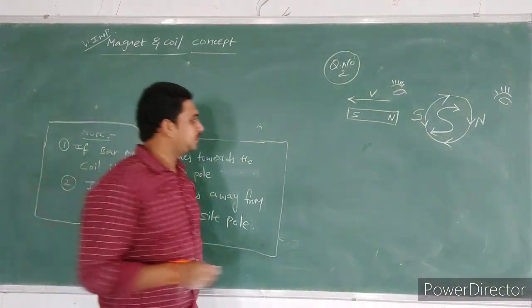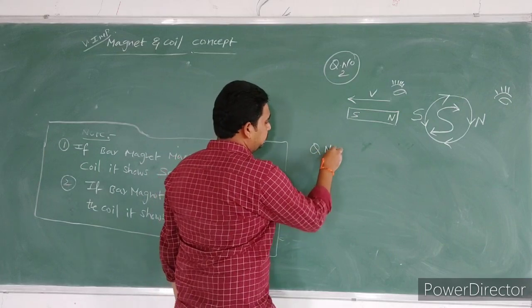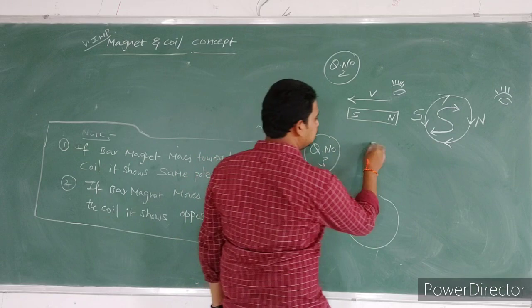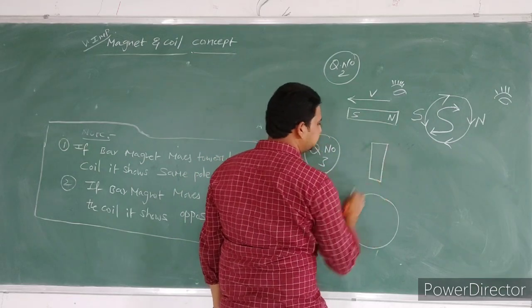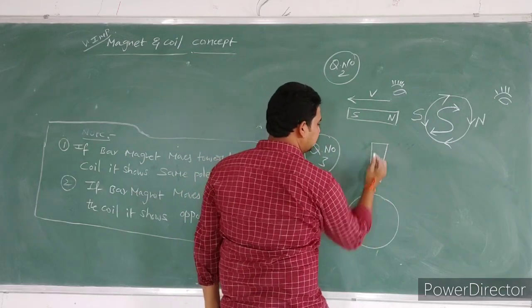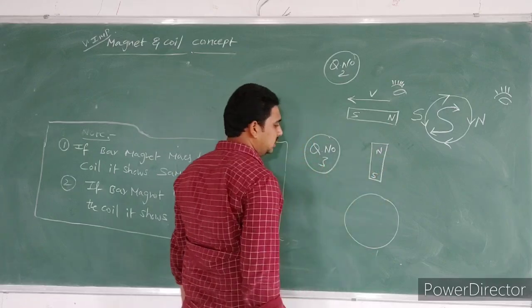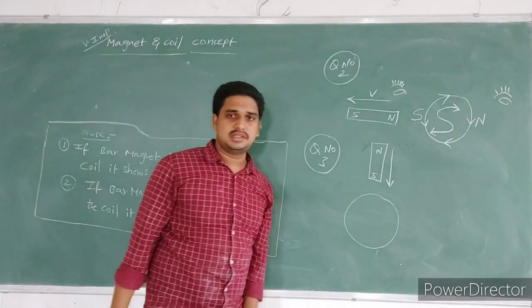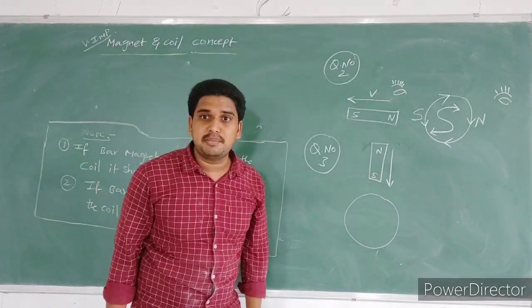So next, question number 3. Observe, here is the coil, here is a bar magnet. I consider this the south pole and this the north pole. It is moving towards the coil, so definitely it will show the same pole.